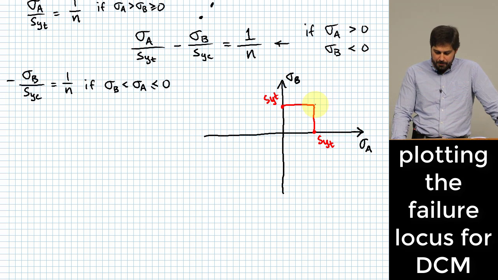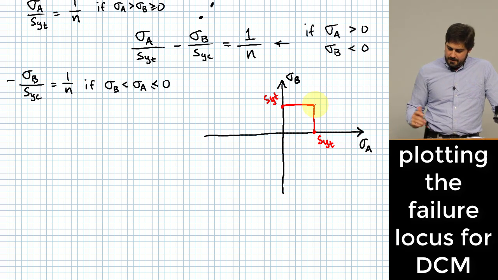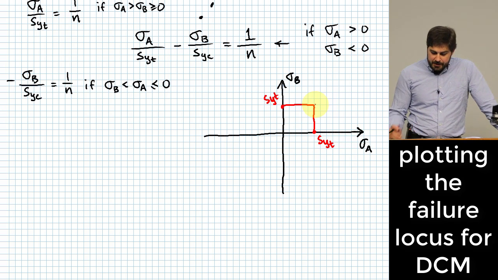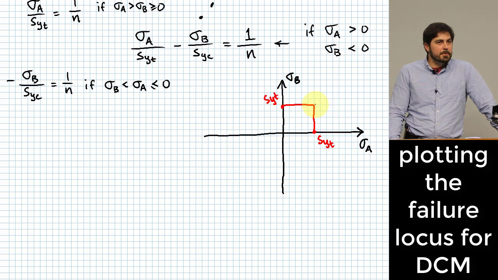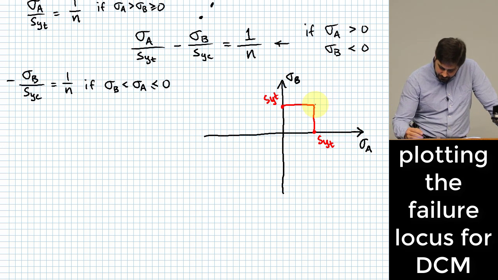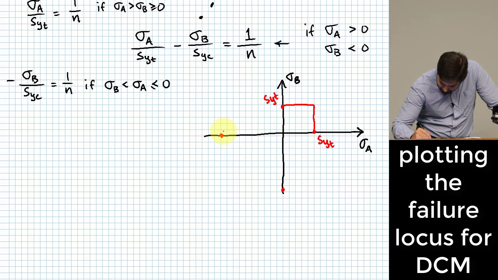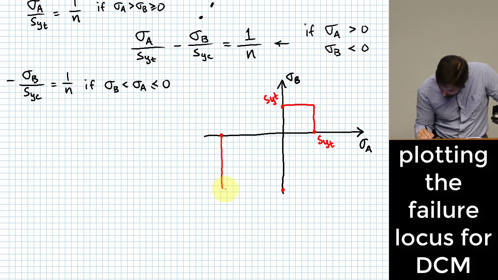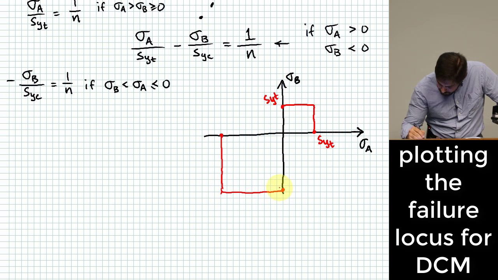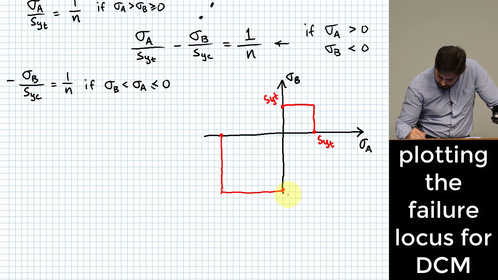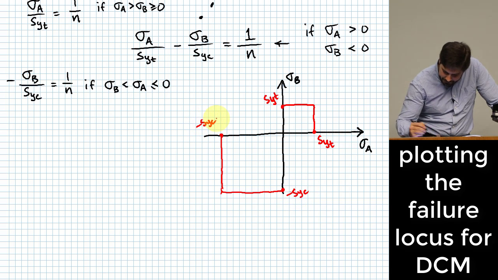And so you end up with a little box up there like that. Okay, you typically expect that your compressive stresses will be larger if you have asymmetrical strength parameters for a piece of material. And so that might look bigger. This part back here might look a little bit bigger. And these two things would be negative S sub yc and negative S sub yc.